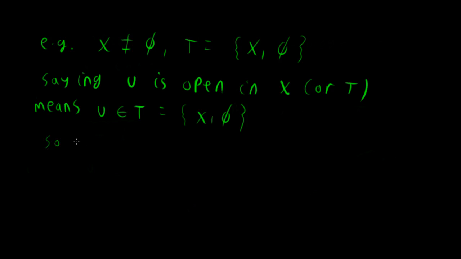So here U is X or U is the empty set, because there are only two to think about. But obviously if the topology is bigger, if there are more sets, then you don't know what U is going to be equal to necessarily. But that's just what it means. To say U is open, or an open set, in X or in the topology T, it just means that U is one of those subsets that's in T.